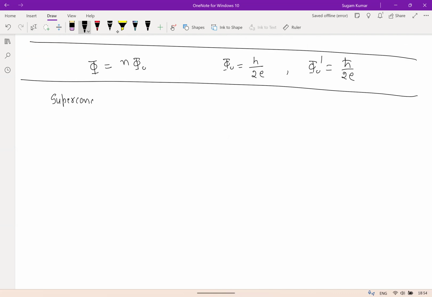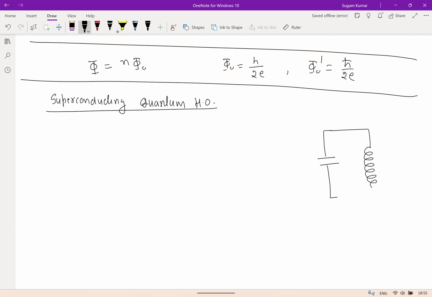Now, think about a superconducting quantum harmonic oscillator. So I will just take, let's say, an aluminum wire, and I will make an inductor like this way, and then I will take one capacitor and attach it.